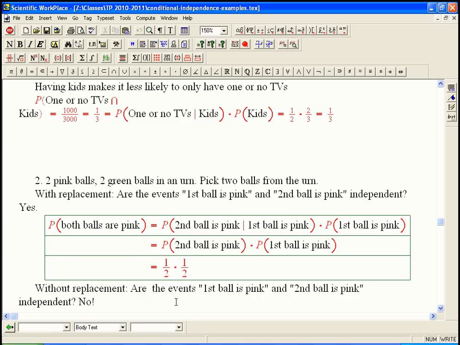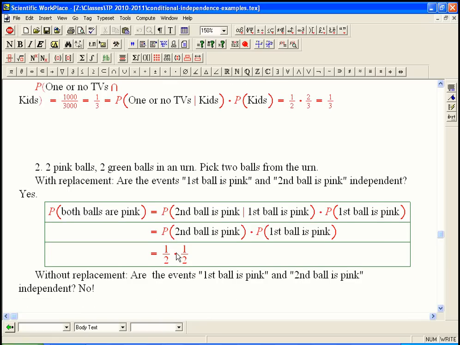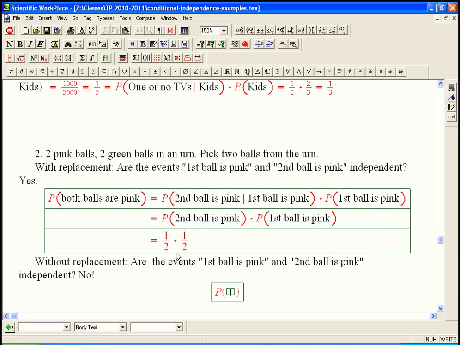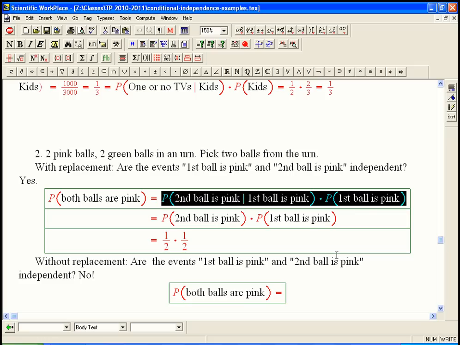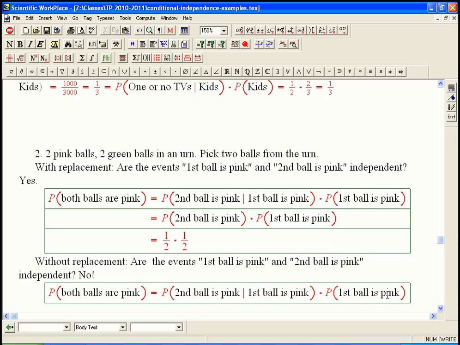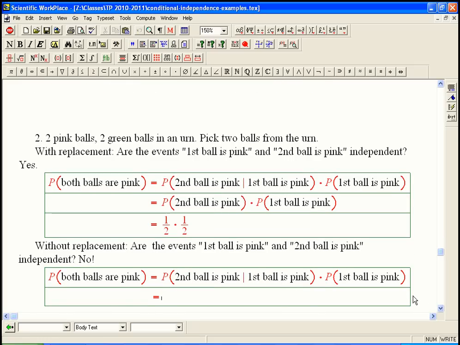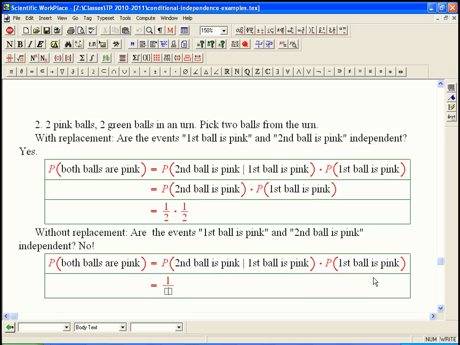So does that mean we can't do any analog of this calculation? No, we certainly can, and it's actually even more useful there. The probability that both balls are pink, I can still use this exactly. Let me do this part first. The probability the first ball was pink was 1/2.